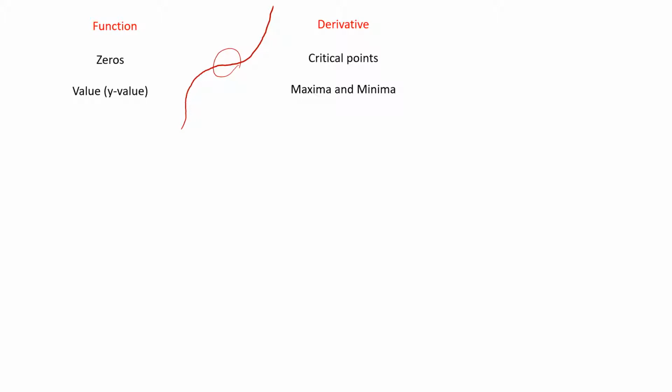It does not guarantee it'll be a maximum or minimum, just that that's where it could be. We still always have to check a table or a number line where you'd put the critical points and then see what the derivative is in each of the different intervals, whether it's positive or negative. And then it's only when it changes signs that it happens.